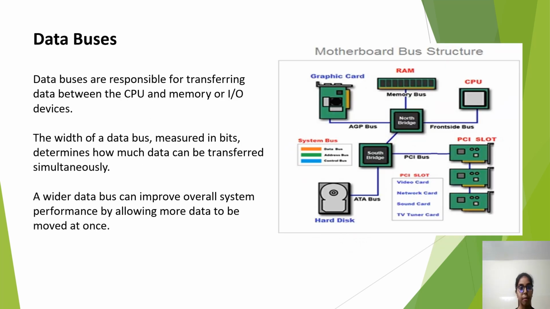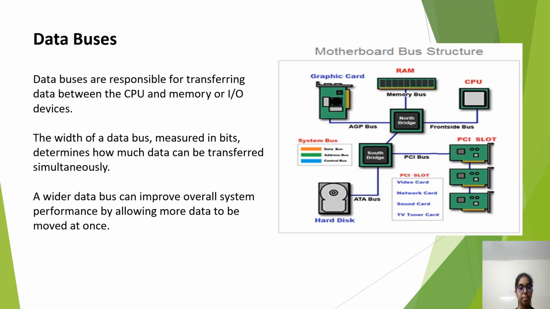Let's see one by one in detail. Coming to the first, data buses. The data buses are responsible for transferring data between the CPU, memory, or input and output devices. The width of a data bus, measured in bytes, determines how much data can be transferred simultaneously.